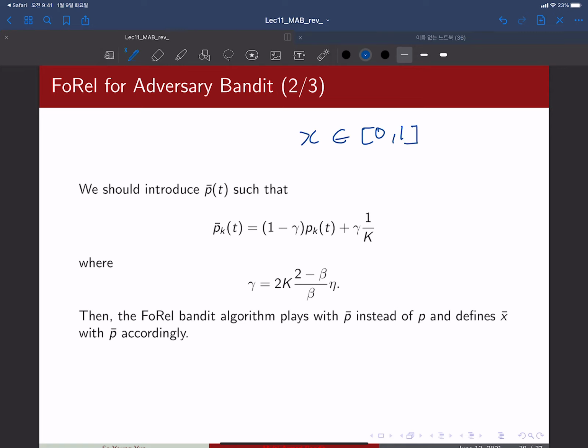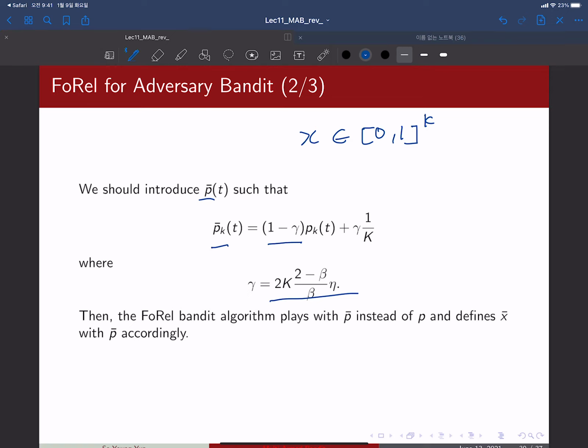So let's say the x vector is always a 0-1 vector, every reward value between 0 and 1. And here we introduce p bar such that p bar_t is equal to (1 minus gamma) p_{k,t} plus gamma times 1 over K, like in the original EXP3 algorithm. And here gamma is equal to 2K times (2 minus beta) over beta times eta.